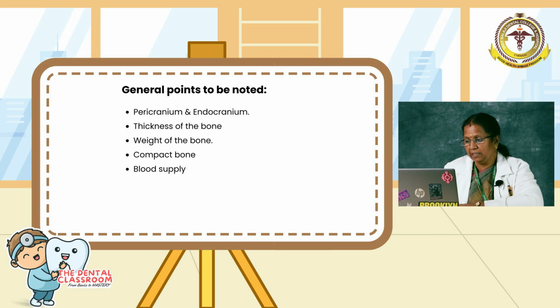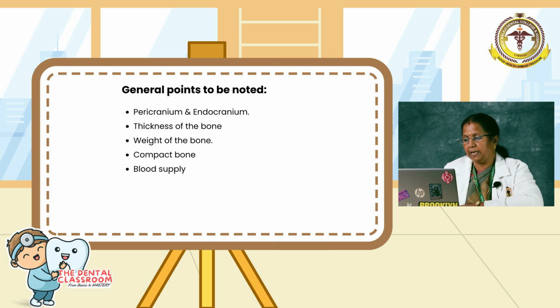As it is covering the cranial bones, we call it pericranium. The internal aspect of the bone is covered by another membrane called endocranium. These two meet each other where sutures are present and wherever there are foramens. The pericranium and endocranium will be meeting at these two points.